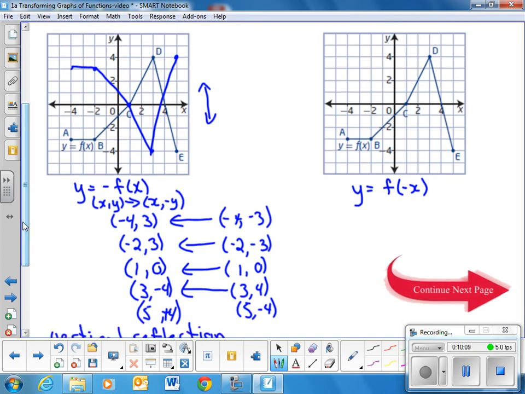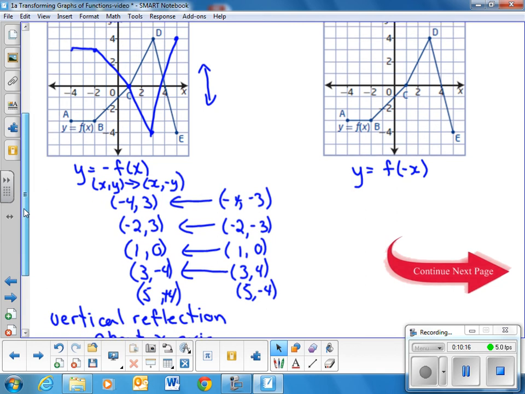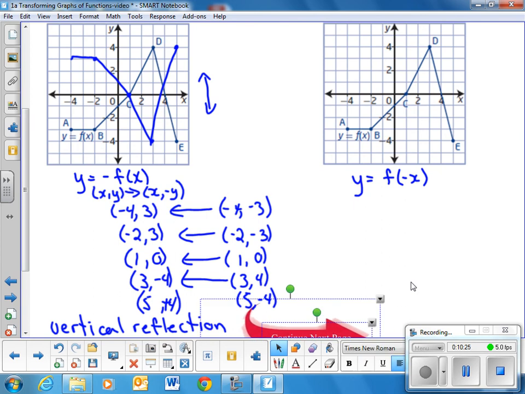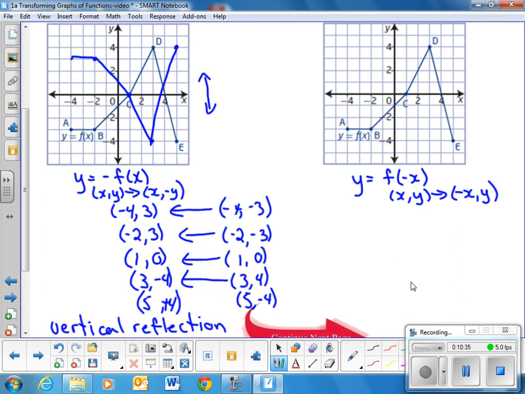Okay, let's look at part B. This time we are graphing f of negative x. I'm going to try and move this out of the way for us. And so in our mapping diagram, what happens this time is the only change is to the x value and not the y value.